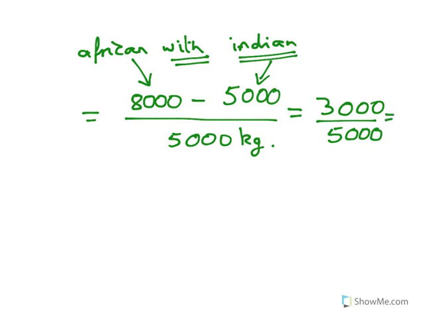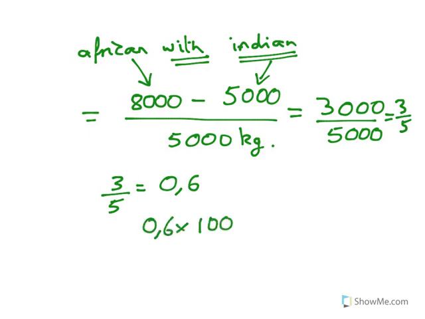which is 3/5. That is the fraction, and now we need to change that fraction into the decimal. Well, we also know that 3/5 is exactly the same as 6/10, which is 0.6. And we now change our 0.6 into a percentage by multiplying by 100. So we let the person know what we're doing here. As a percentage equals 0.6 times 100 equals 60%. So what can we say about the African elephant?